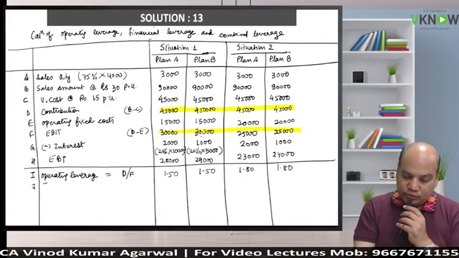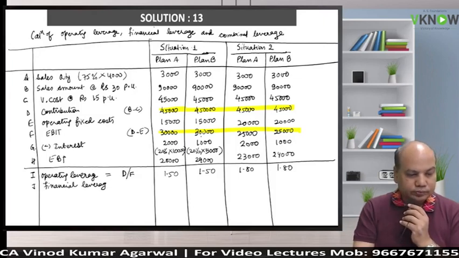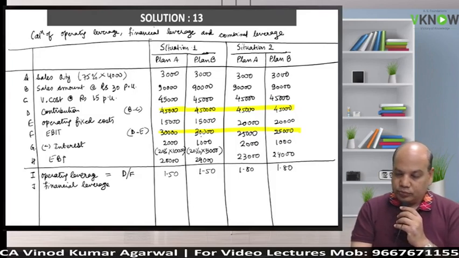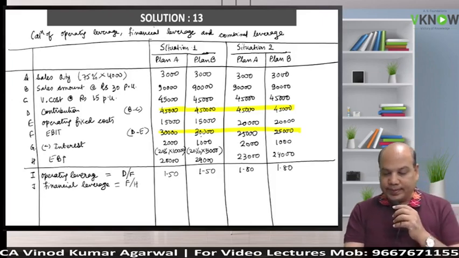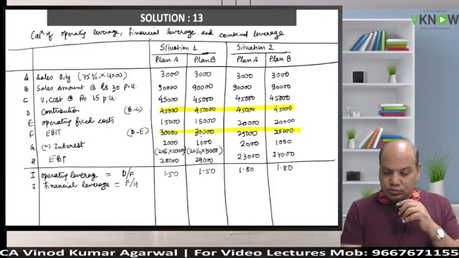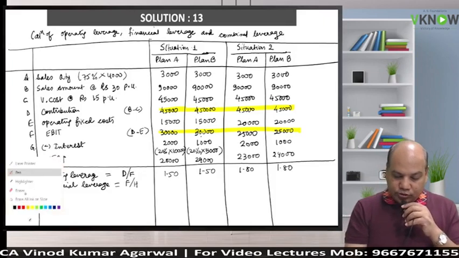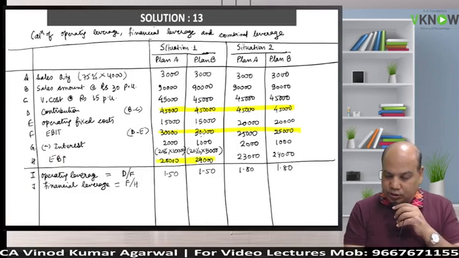Point J, write down financial leverage. Financial leverage formula is EBIT divided by EBT, F by H. This is line number H. Try.